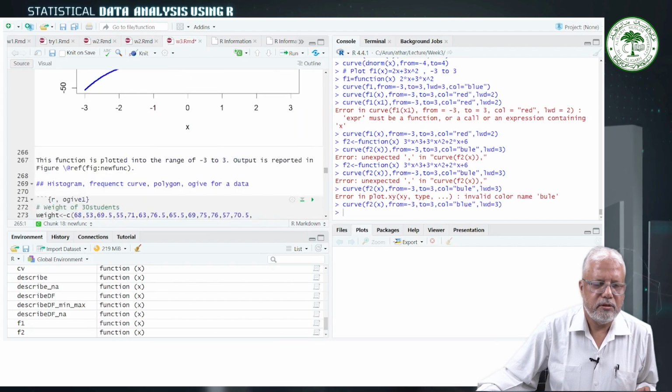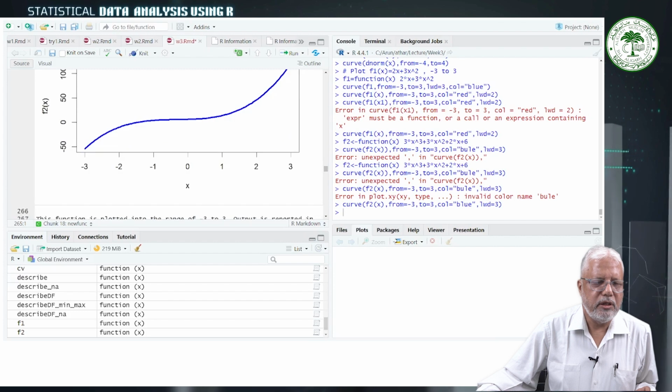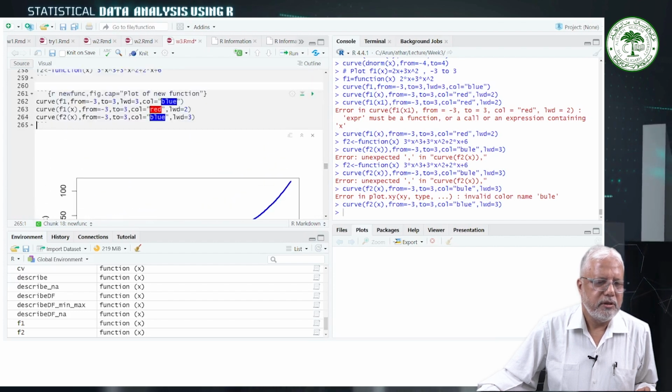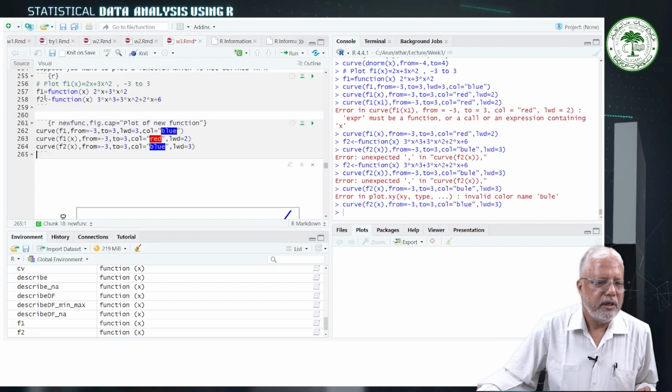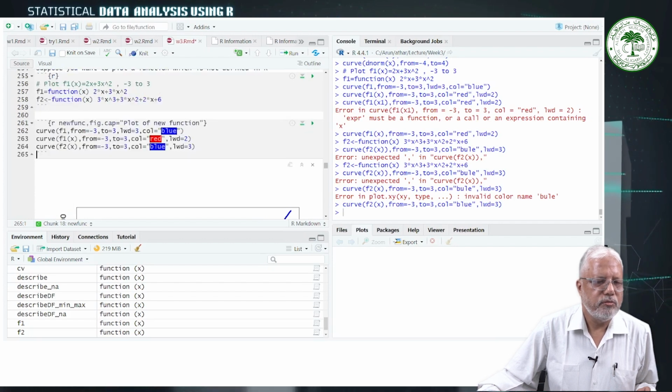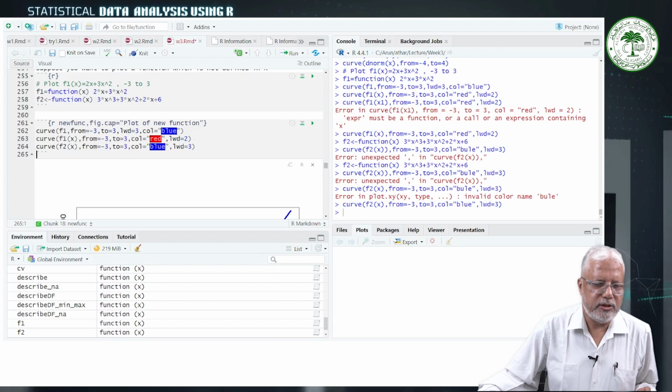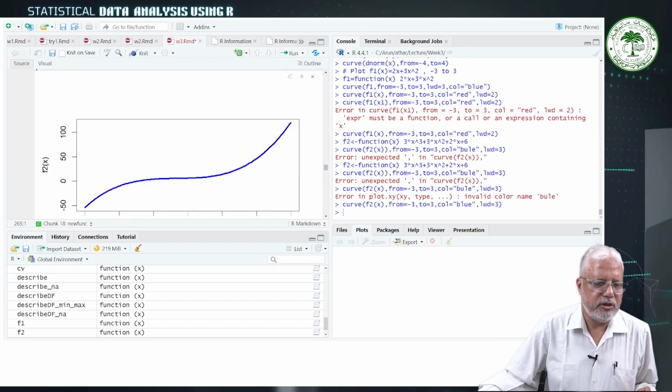So it has run. So this is the graph of the function, that is f(x) is equal to 3 into x raised to the power 3 plus 3 into x square plus twice x plus 6, and this is the plot of the function.